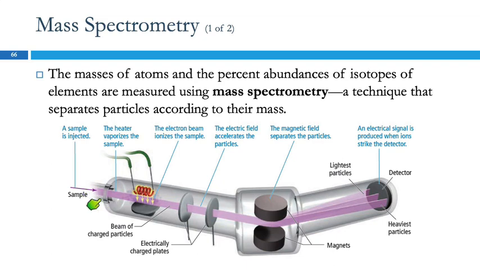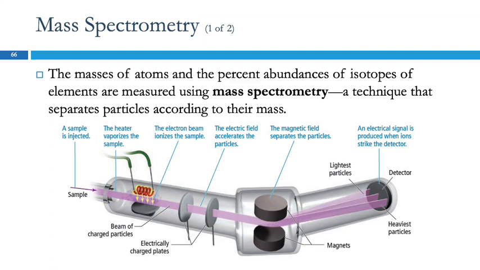So then the gas is going to come through here, and we've got an electron beam that is going to cause the atoms to have a charge on them. We want them to have a charge because then we can accelerate them and move them because of their electrical charge. So we can use electric fields to speed up those now ions and shoot them here into this magnetic field.